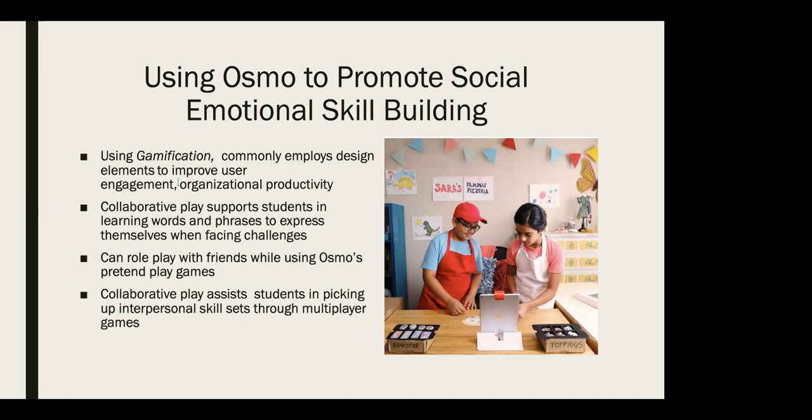Kids can role play while using Osmo's pretend play games, like, this is the pizza shop. I think they have a couple of other options in this realm as well. Collaborative play also assists students in picking up interpersonal skill sets through multiplayer games. So Osmo really speaks to why we still need play, right?